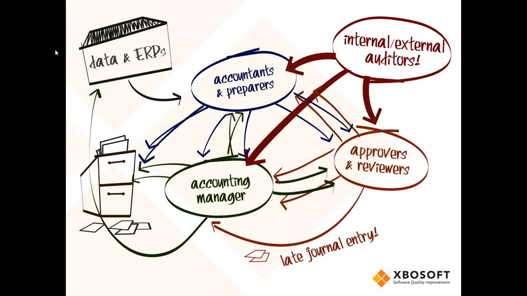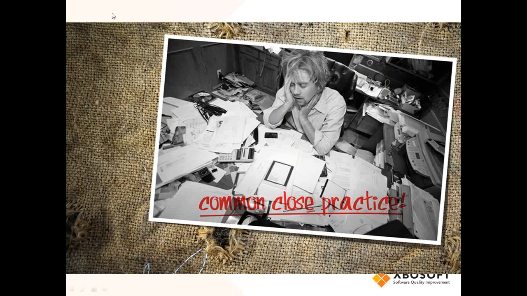Before you know it, you have this big mess of documents and binders and people going back and forth with no control and no visibility. And at the end of your cycle, whether it's a month-end close or a quarterly close or a yearly close, you will look like this. This is very familiar to accountants. Next slide.